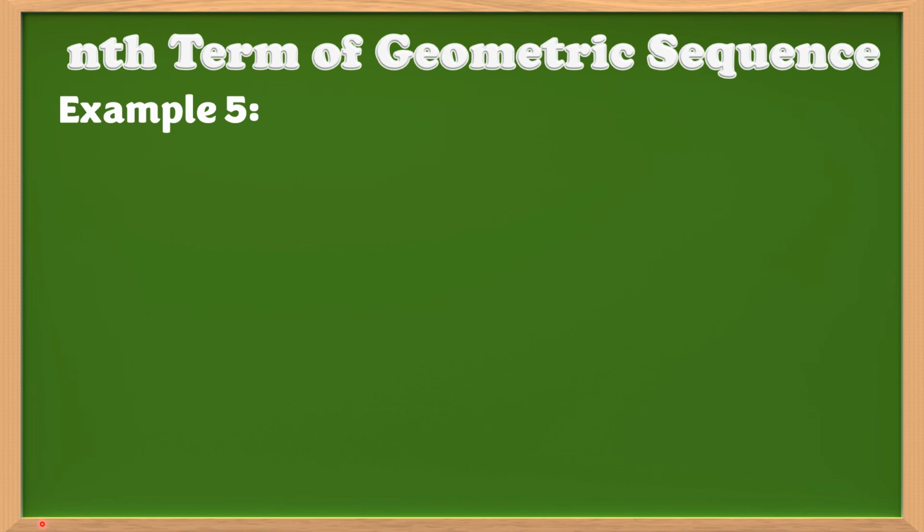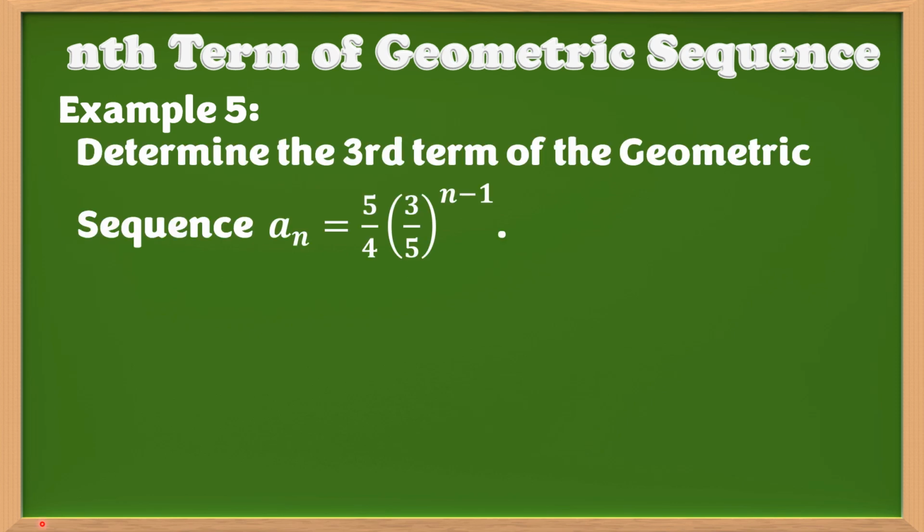For example number 5, determine the third term of the geometric sequence a sub n equals 5 over 4 times 3 over 5 raised to n minus 1. So the value of n in example number 5 is 3. So we have the equation a sub n equals 5 over 4 times 3 over 5 raised to n minus 1, we're going to change n into 3.